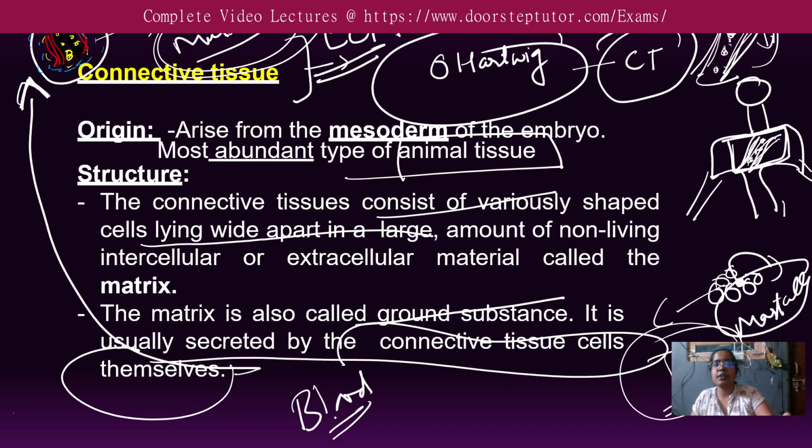The ground substance is there, however, but matrix is also called the ground substance. It is usually secreted by the connective tissue cells. It can be any tissue that is playing a role here, maybe lung, whichever organ they support and whatever type of tissue is there. But based upon the fiber, I am telling you that fiberless cells are blood cells, okay. Blood is also a part.